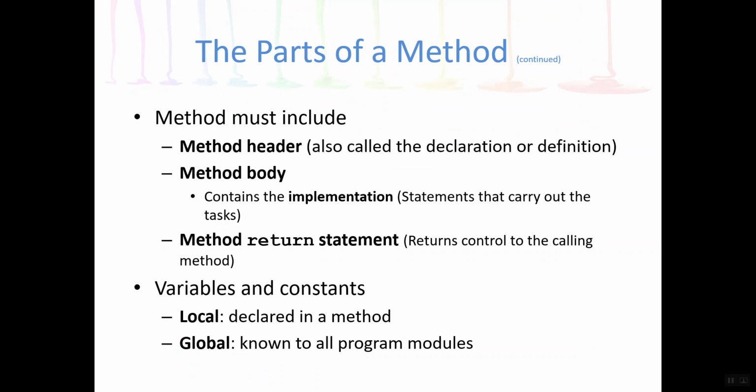So in order to use a method, you must first define that method. And the definition of the method includes a method header. Technically, that's called the declaration or definition of the method rather. And a header has some information about it, such as its name, if it receives any information, and we'll talk about that later.